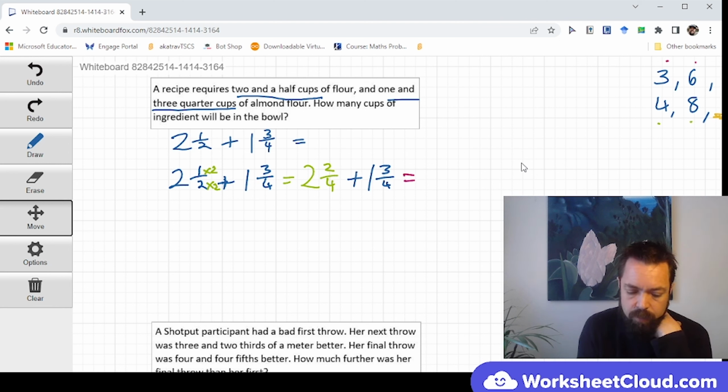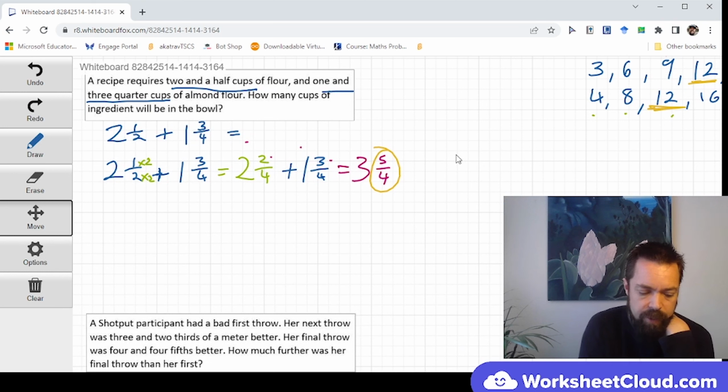Well, we've got 2 plus 1 is 3, and 5/4. We sit with the situation of our improper part, which we just need to fix quickly by converting it to a mixed number. We ask ourselves, how many times does 4 go into 5? It's 1, so we carry the 1 over to the 3, so that will become a 4 now.